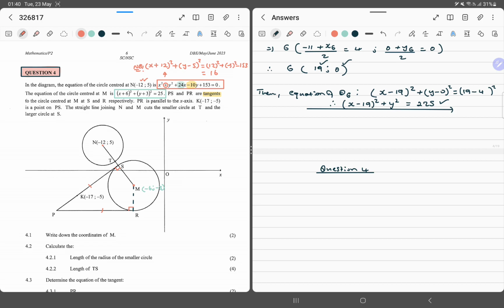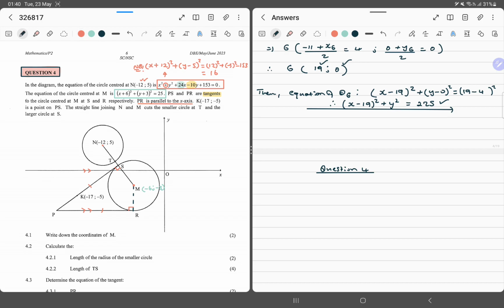Okay, so we can see we're doing a lot here. Now we're told here also that PR is parallel to the x-axis. So if PR is parallel to the x-axis, what does this mean?